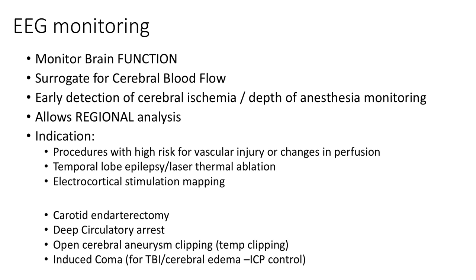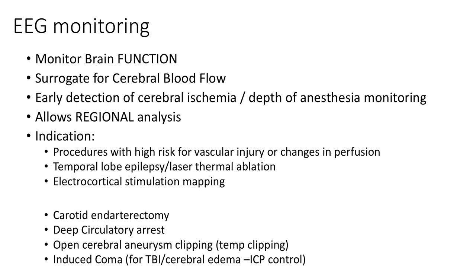Whenever using EEG, either you have procedures with high risk for vascular injury and changes in brain perfusion, or for epilepsy, where you want to identify the focus and then surgically resect it or eliminate it with laser thermal ablation. Or when you just want to map the electrocortical stimulation, what you do in a grid development.